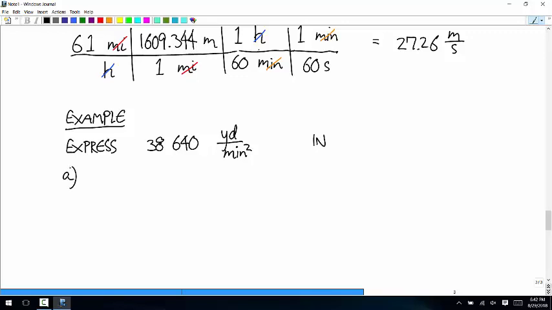We're going to do it into two different units of the same type. This type of unit is a length divided by a time squared. We'll do it for feet per second squared, and we'll do it for meters per second squared.